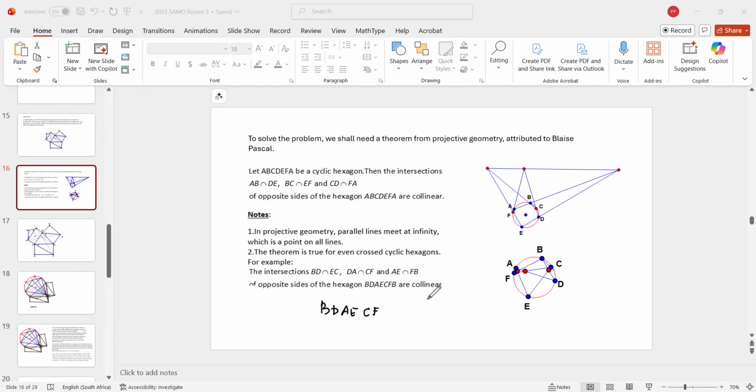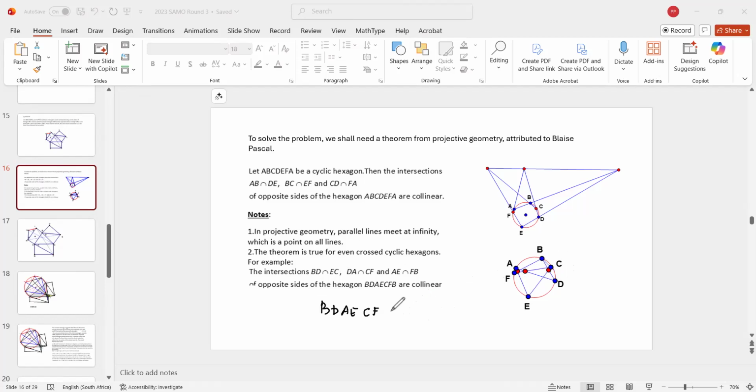But it's a cyclic hexagon because all the points must lie on a circle for this theorem to hold. So now this hexagon is B D A E C F. You can hardly see the hexagon, and more than that, it's very difficult to see the opposite sides.